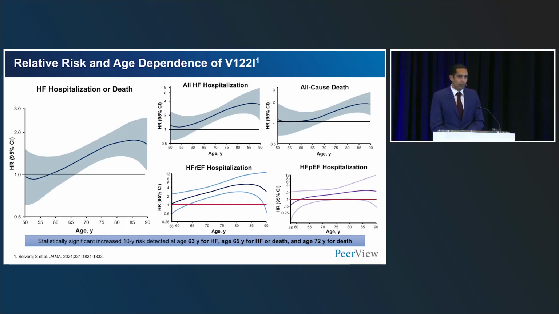And so let's talk a little bit about V142I. So V142I, as Dr. Kittleson mentioned, is one of the most common variants in the world, present in about 3.4% of all self-identified Black individuals just in the United States alone. These are some data that we published to look at the risk, if you were a carrier, of developing heart failure and dying, and what type of heart failure you're developing as well.